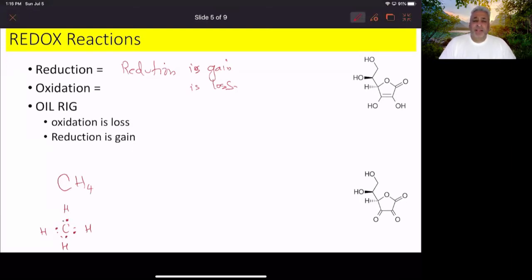Due to its electronegativity, the carbon atom not only has its 4 electrons that it came with, but it gains control over the 4 electrons that belong to those 4 hydrogens. So in reality, it's gained control over 4 more electrons. So it has an overall charge of -4.